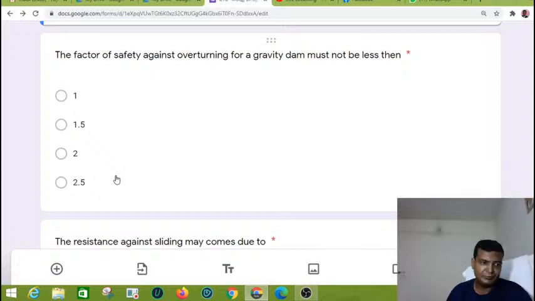So that is going to be your right answer. Next objective is factor of safety against the overturning for the gravity dam must not be less than 1, 1.5, 2, 2.5.